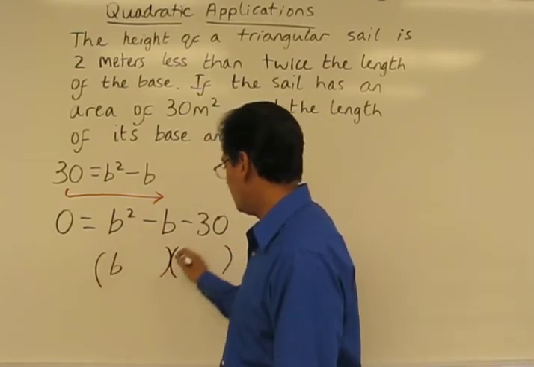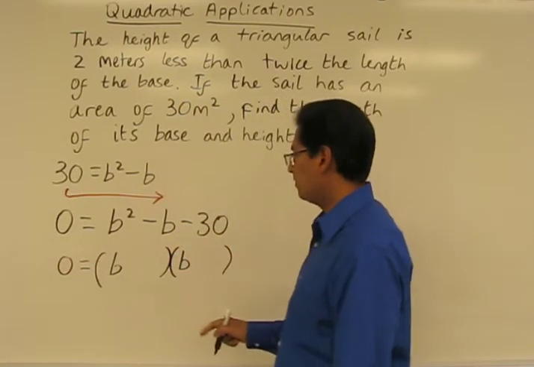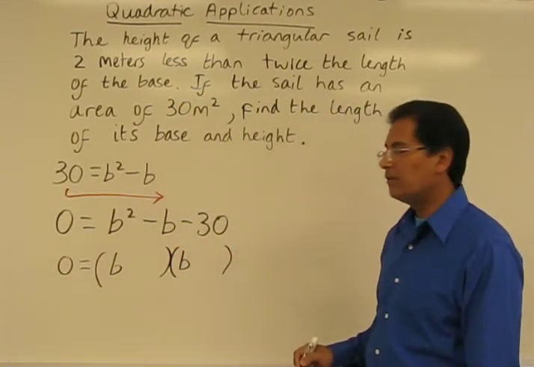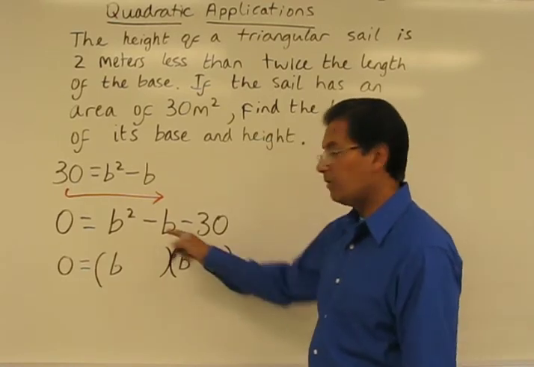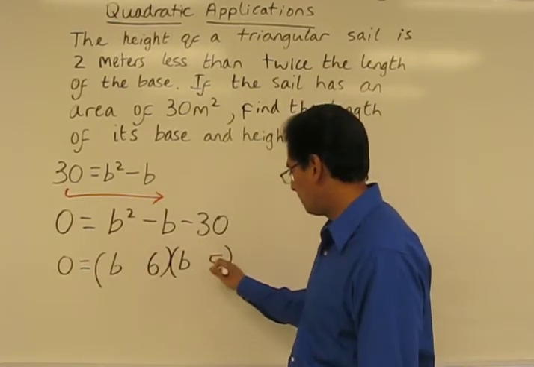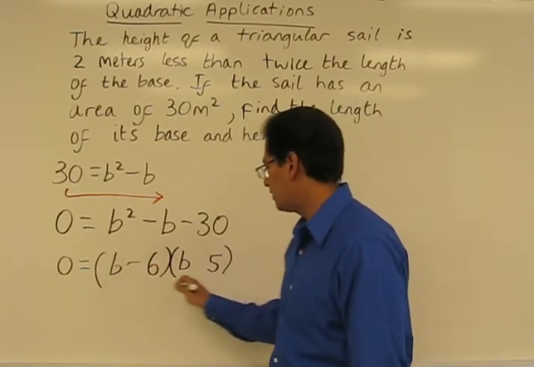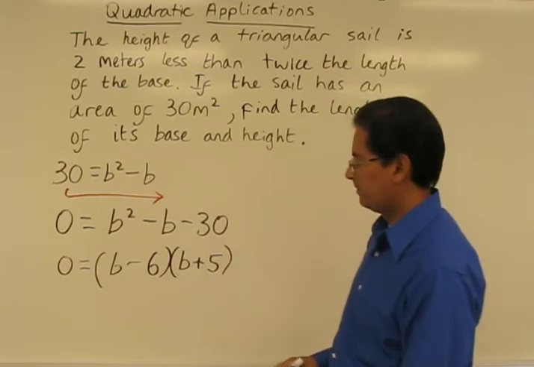We'll have a b here and a b here. And factors of 30, we want those factors to combine to a negative 1 in the middle here. So I'm thinking 6 and 5. And we want a negative 1 here, so we're going to have a negative 6 and a positive 5.